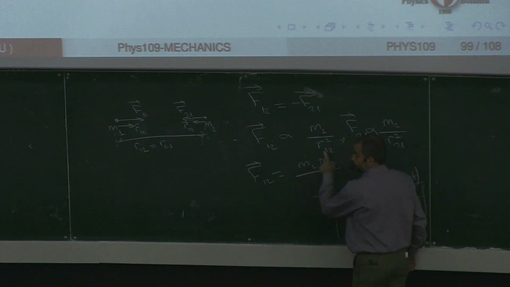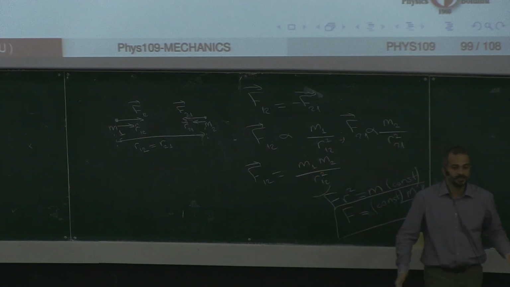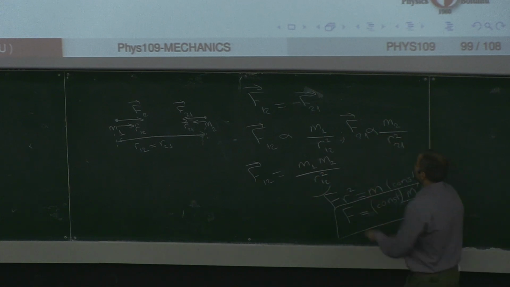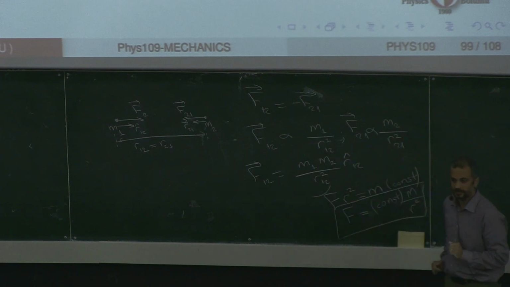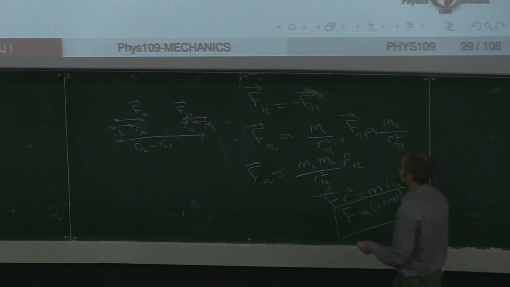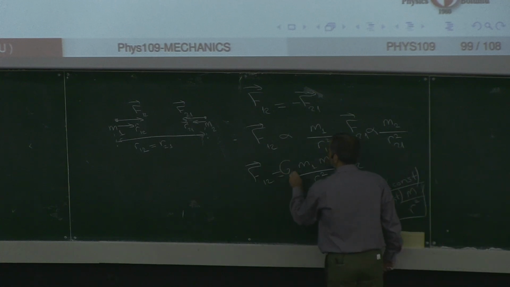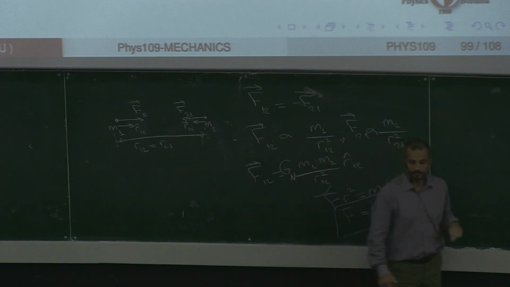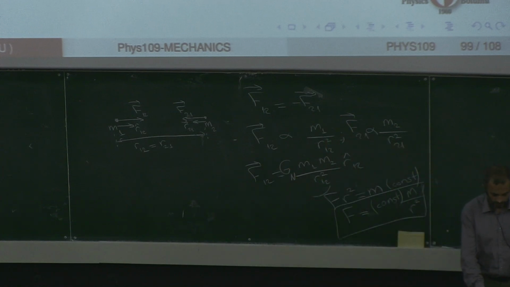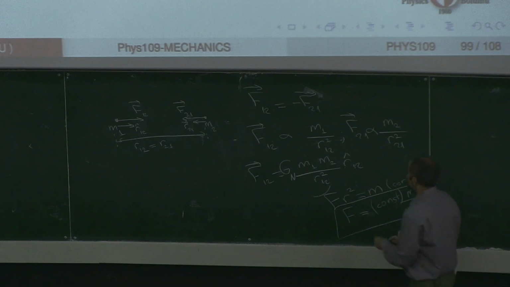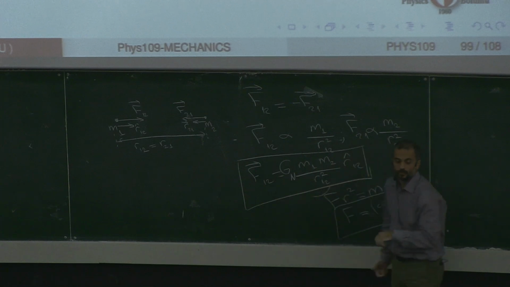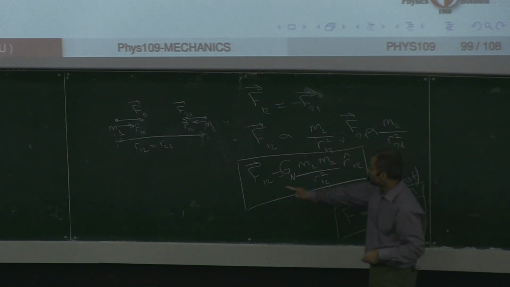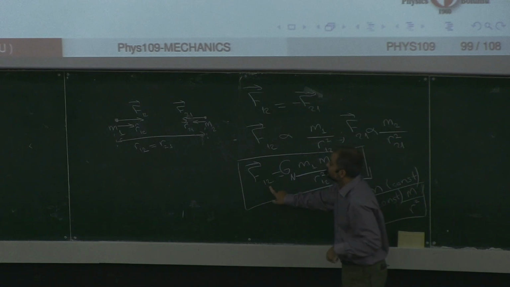It is inversely proportional to the square of the distance between them, with some proportionality constant. Its direction is in the r12 direction, pointing from the first mass to the second mass, and I need a proportionality constant. This is Newton's constant, G. So this is the gravitational attraction that mass 1 feels, created by mass 2.